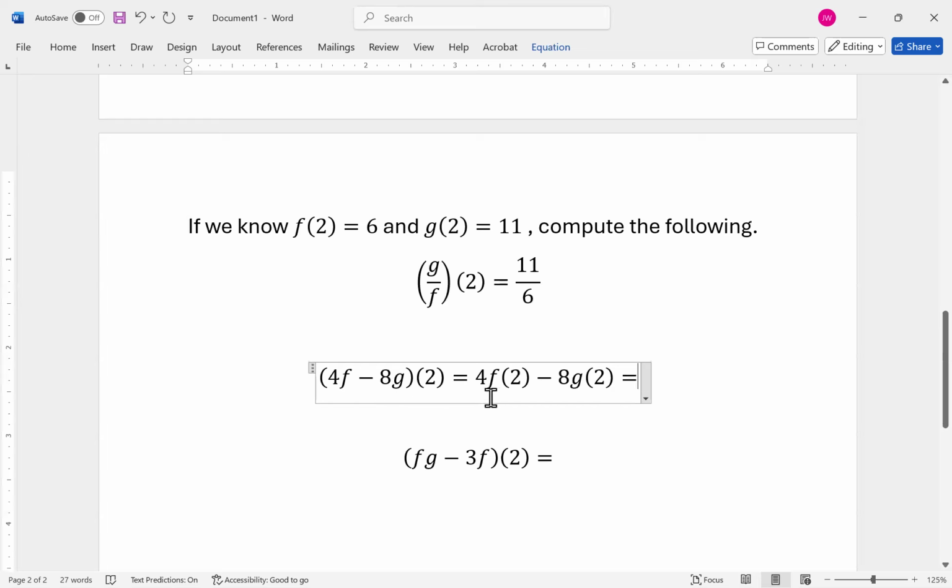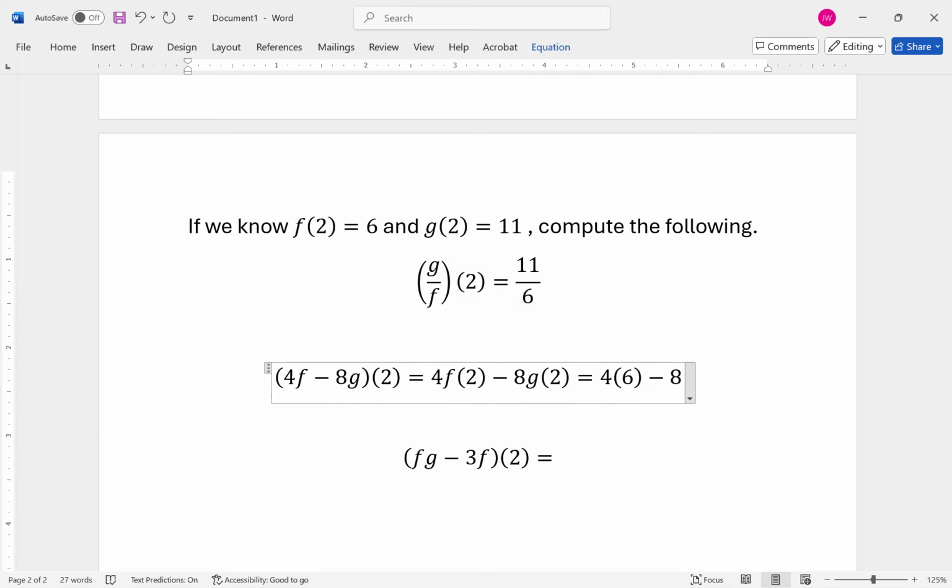So 4 times f of 2 is going to be 4 times 6 minus 8 times g of 2. That's minus 8 times 11. 4 times 6 minus 8 times 11 gives an output of negative 64.